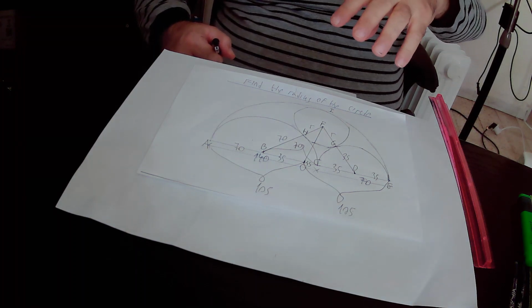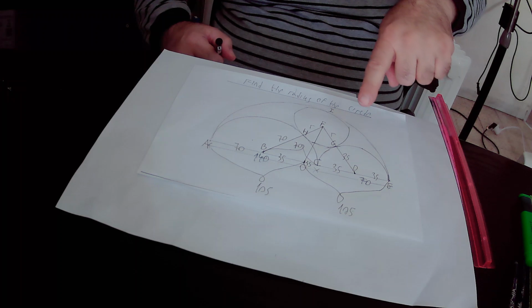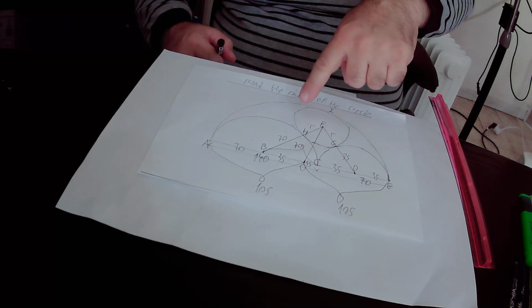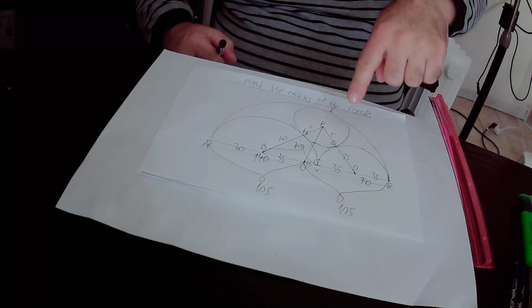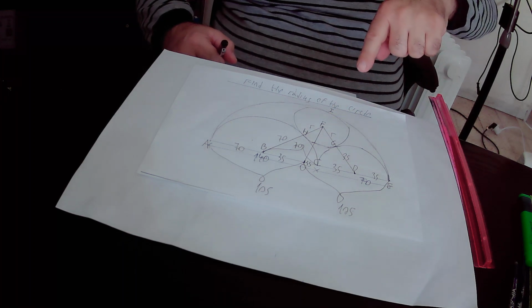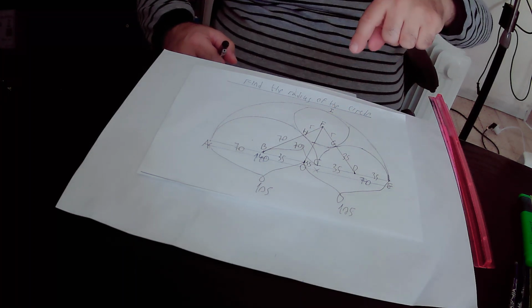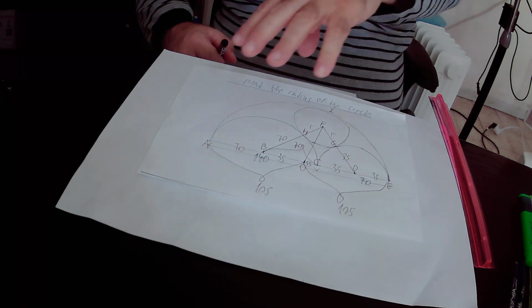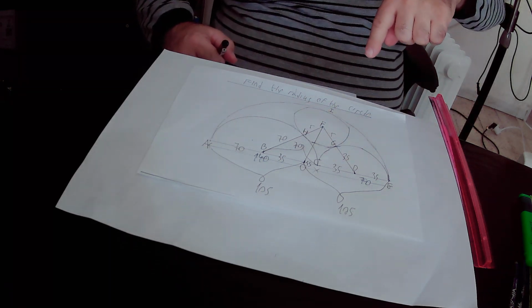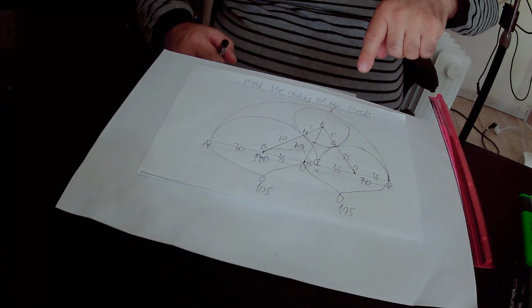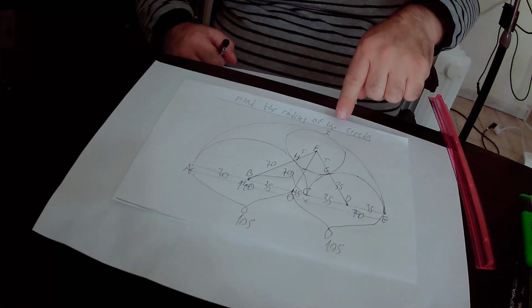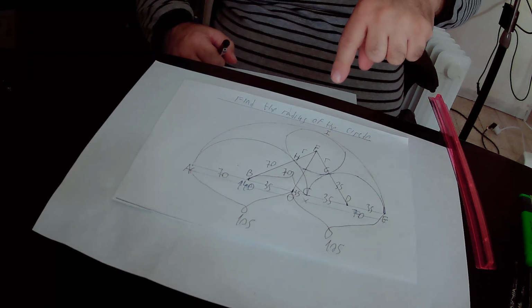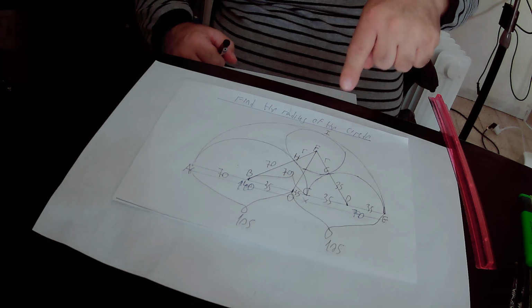So the biggest semicircle has an internal notch with this circle. Why? Because the small circle is located inside the biggest semicircle. Therefore, they have an internal notch between them at point I.